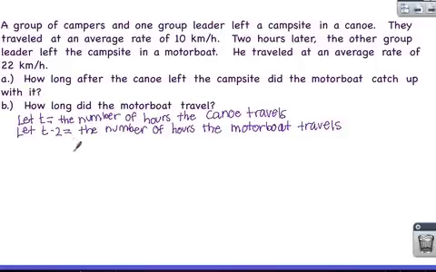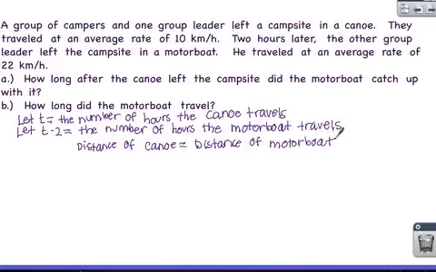Now we're setting up an equation again where the distance of the canoe equals the distance of the motorboat, because we want to know when they catch up with each other. So they've traveled the same amount of distance.